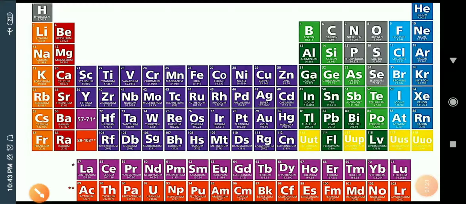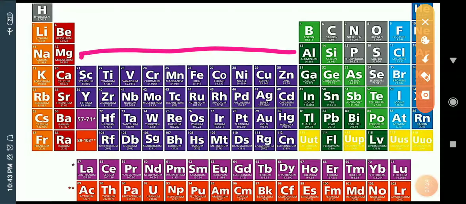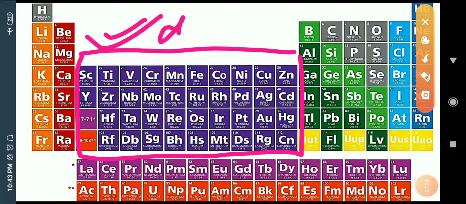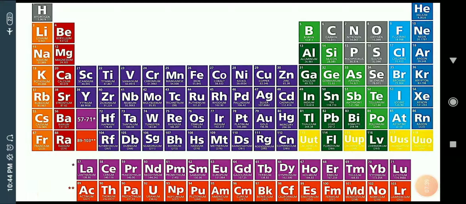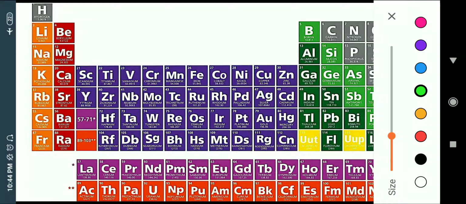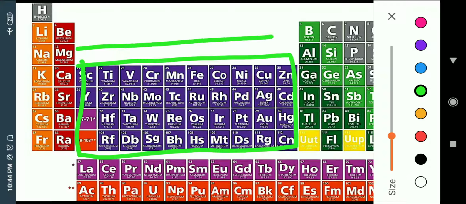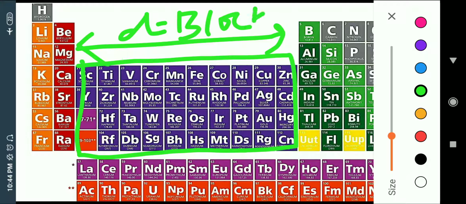So listen here, the D block contains four series, and all the D block elements are called transition elements. It means the elements present in this green box are all called transition or D block elements, and they contain four series: 3D, 4D, 5D and 6D series.